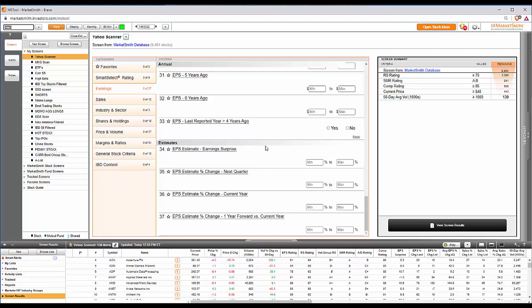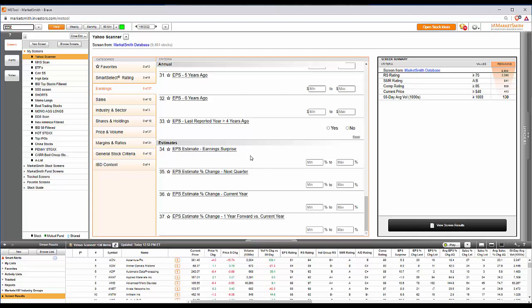Was it the price to sales ratio? Was it the price to earnings ratio? Was it the long-term debt or the quick ratio? Was it sales growth? Was it earnings growth? No, it really wasn't any of that. The one thing that had the strongest correlation to forward price momentum over the next quarter, just looking at one quarter, was the earnings estimate revision to the upside.